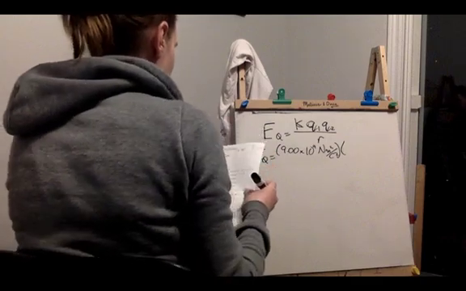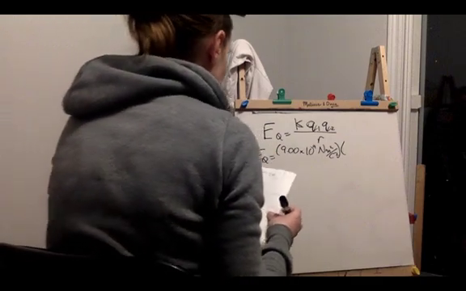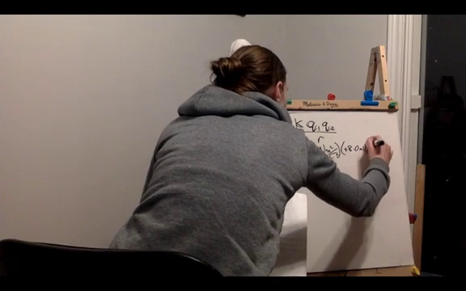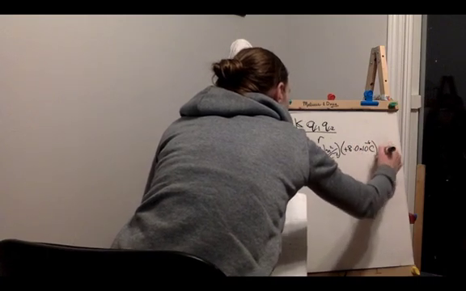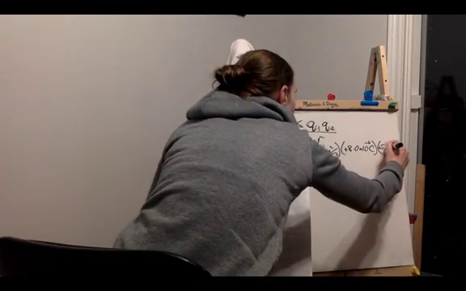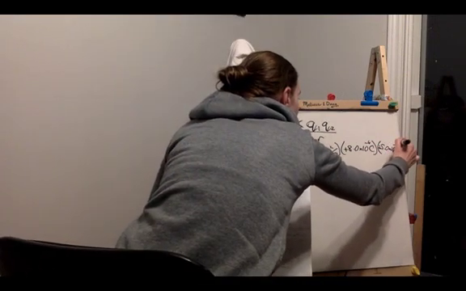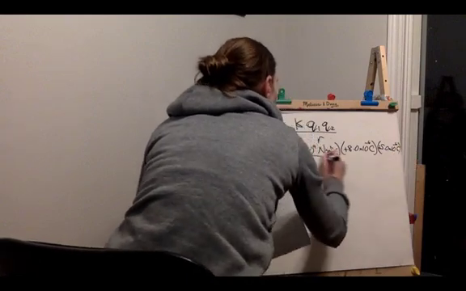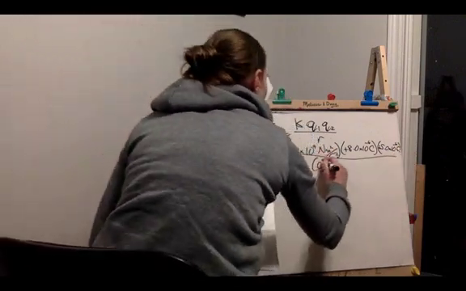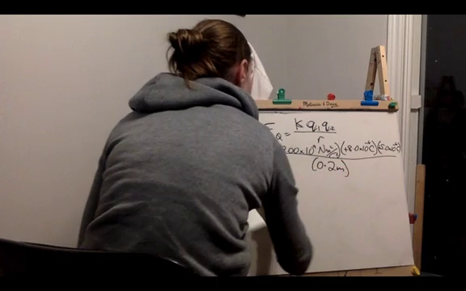The first was positive 8.0 times 10 to the minus 6 coulombs, and the second was positive 5 times 10 to the minus 6 coulombs. The distance was 20 centimeters, which in meters is 0.2 meters.